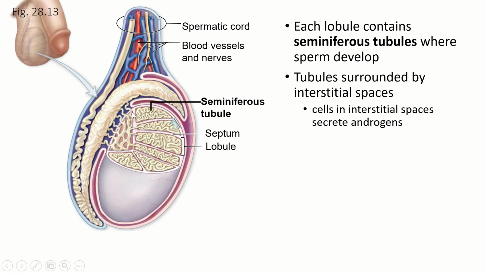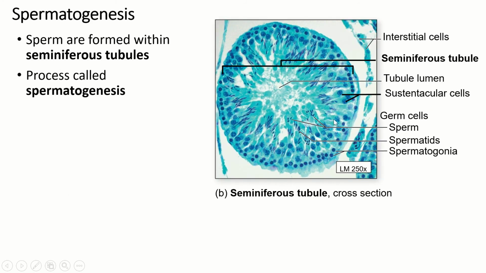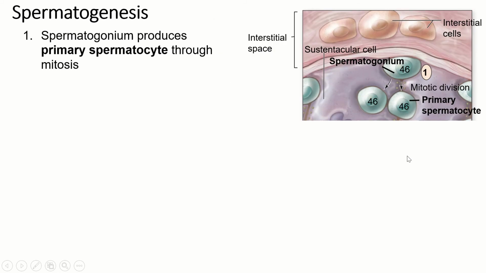So imagine if we took one of these little tubes and cut it crossways like this, put it under a microscope slide, this is what we would see. Around the edge, we have special cells called spermatogonia. Those spermatogonia are going to do mitosis and create cells called primary spermatocytes.